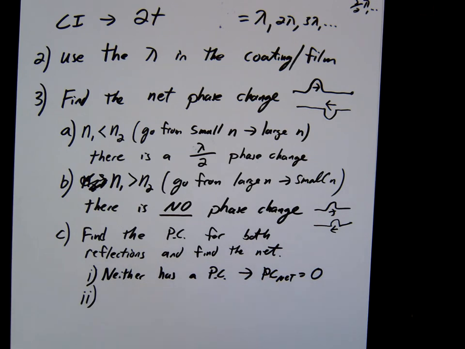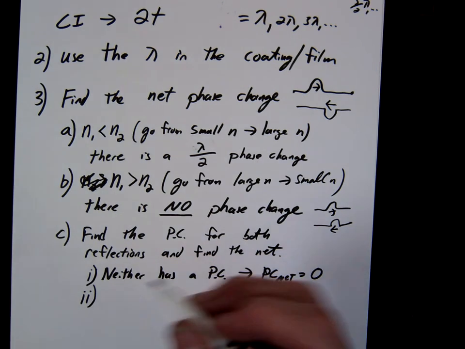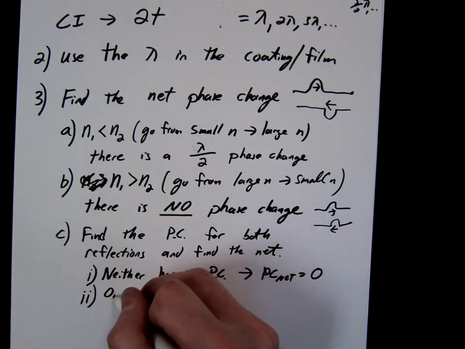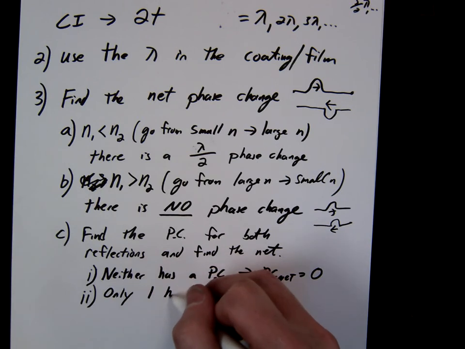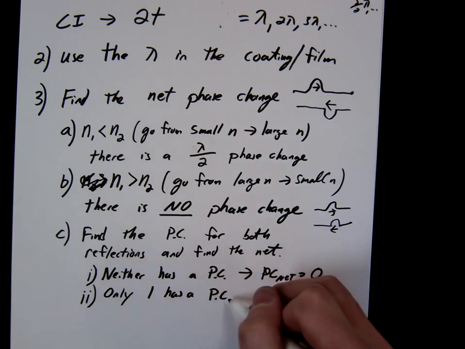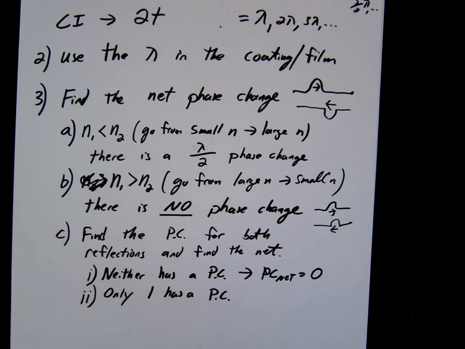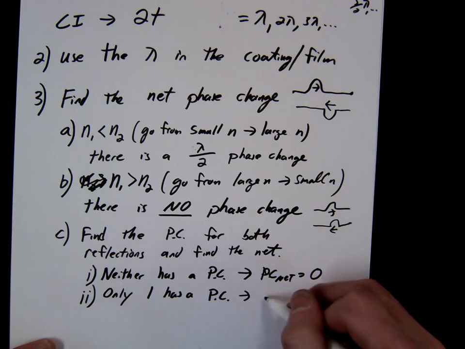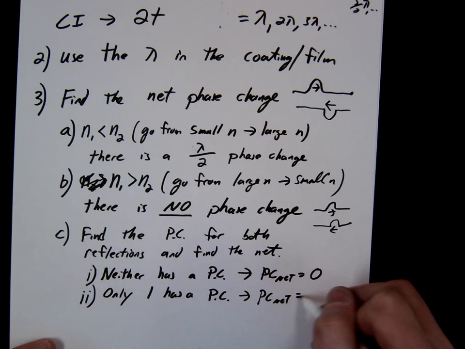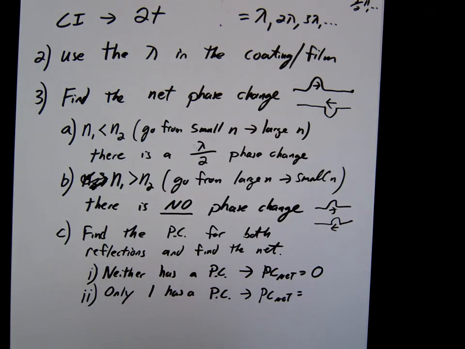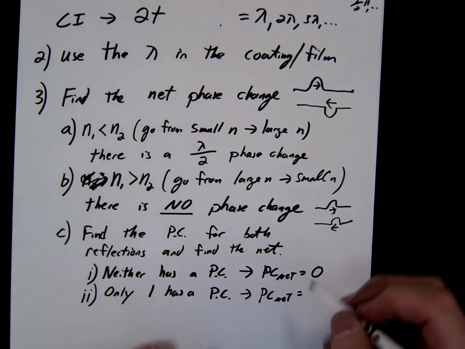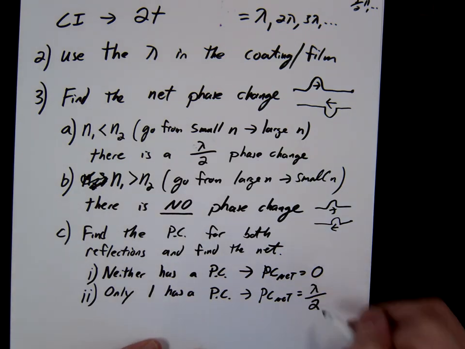Okay, what's another option? One has a phase change. Either the top boundary or the bottom boundary, doesn't matter. One has a phase change. What's the PC net? Well, if the top flips by a half and the bottom doesn't flip at all, what's the net result? A half. So lambda over 2.